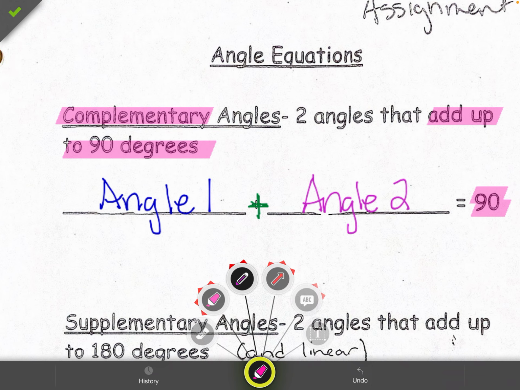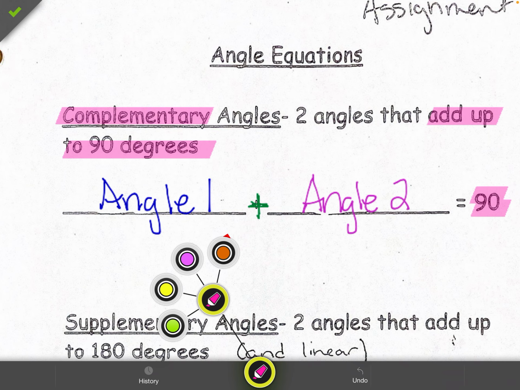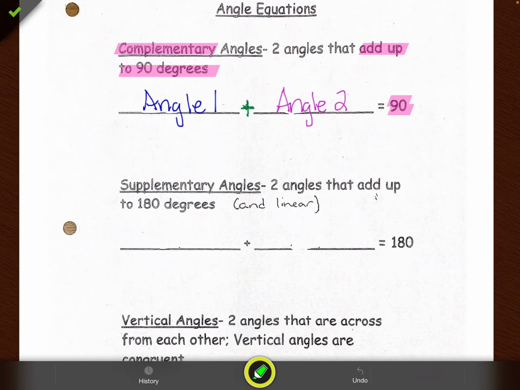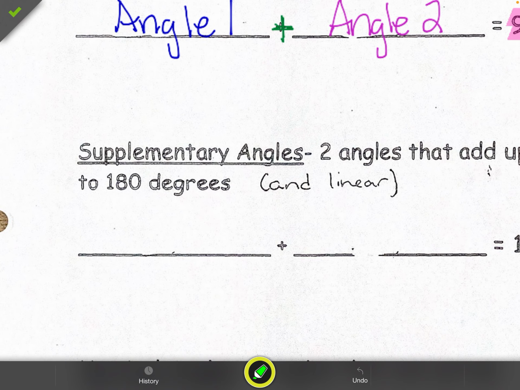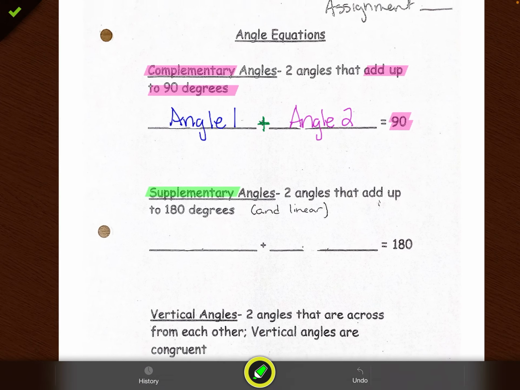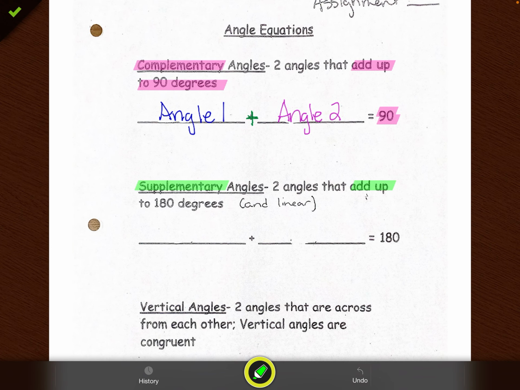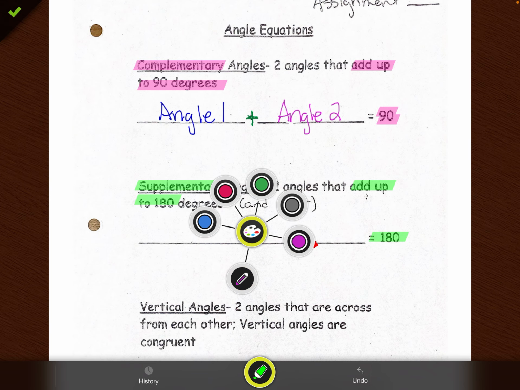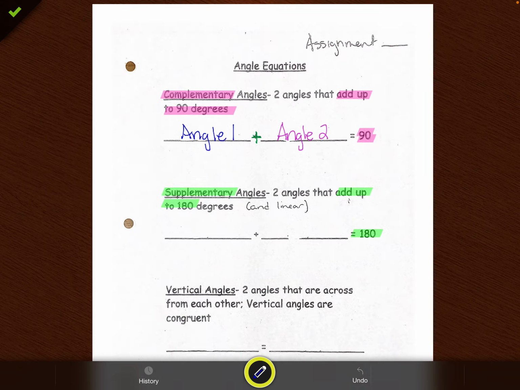All right, so supplementary angles, which we also could say they were linear depending on the picture. Supplementary angles add up to 180. So that's very important for us to set up our equation.